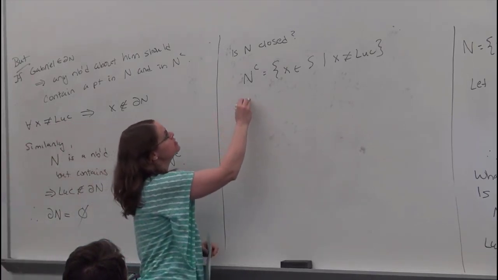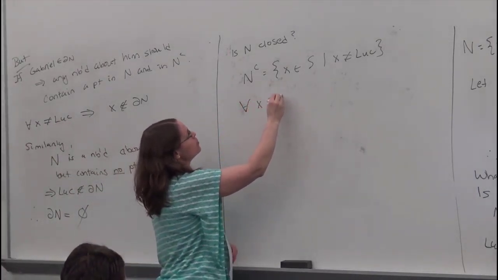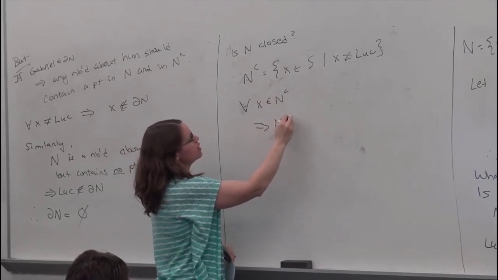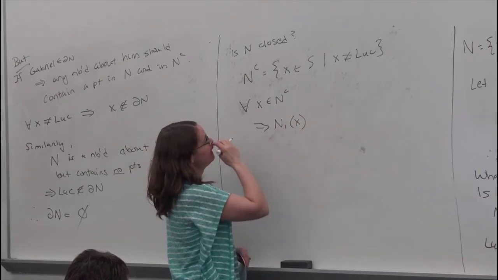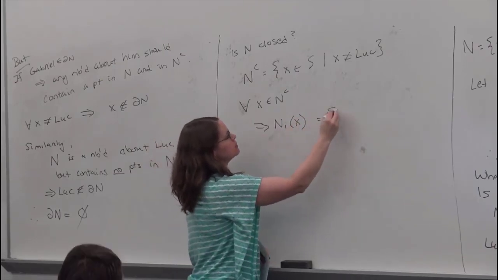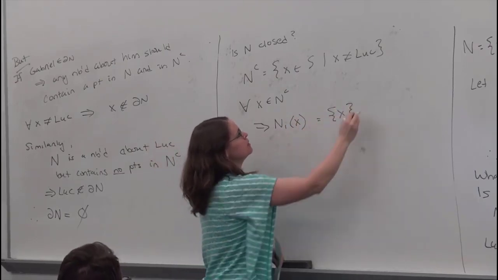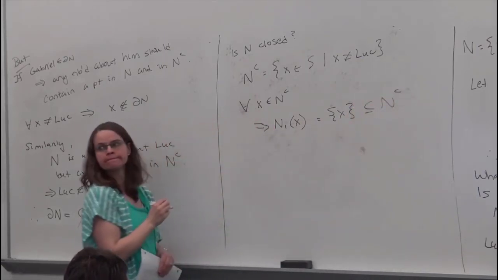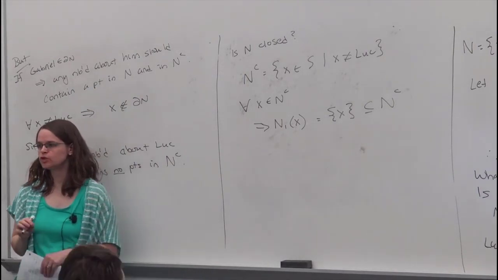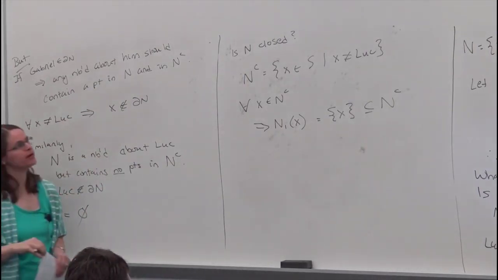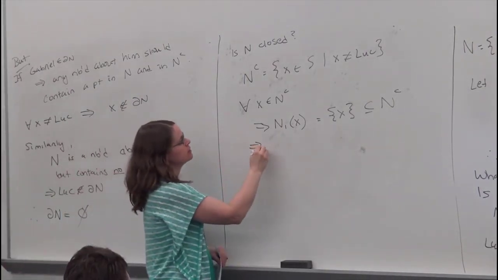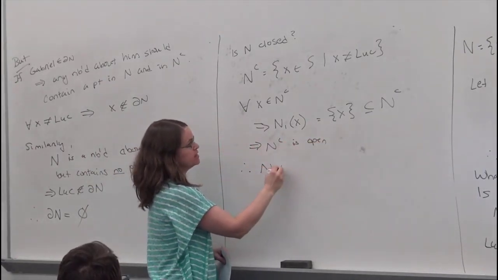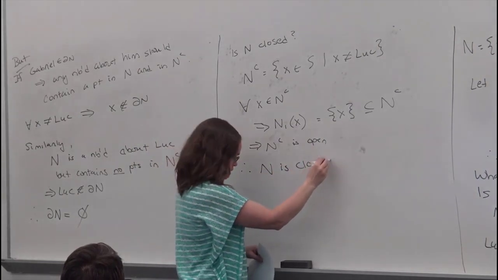So indeed, for all x in N complement, I can draw a neighborhood of radius 1 around you, which stays in N complement. So every point in N complement is an interior point. And therefore, indeed, N is both open and closed.